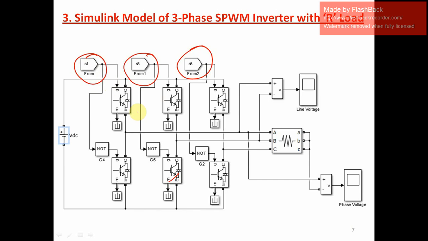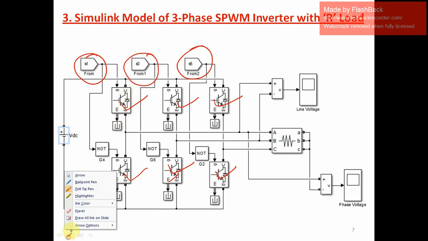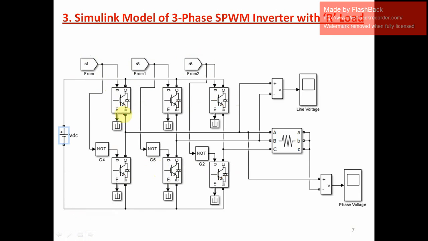So these are our IGBTs. There are 6 IGBTs, right? And we know that we cannot have both IGBTs in one leg on. This is leg number 1, this is leg number 2, this is leg number 3.